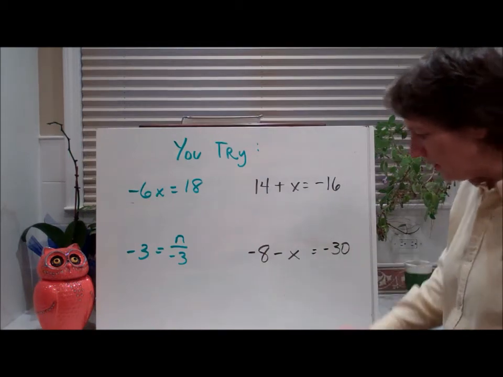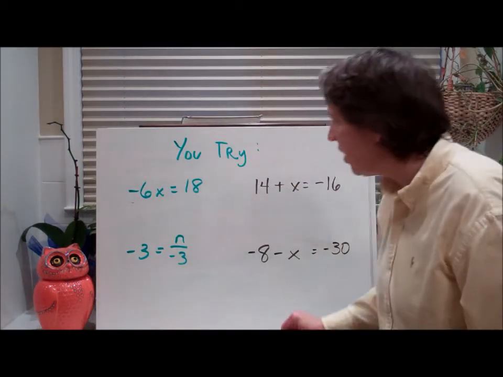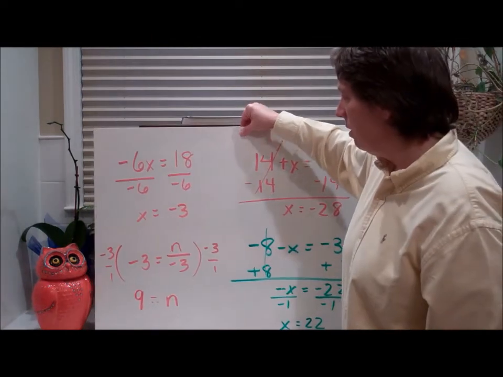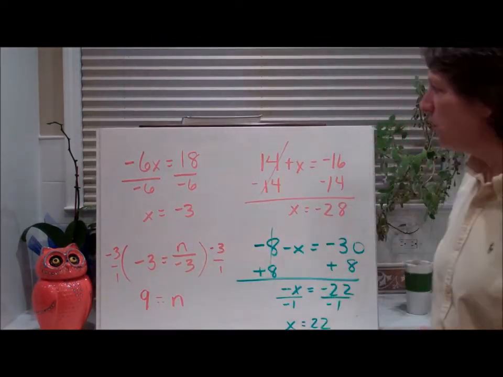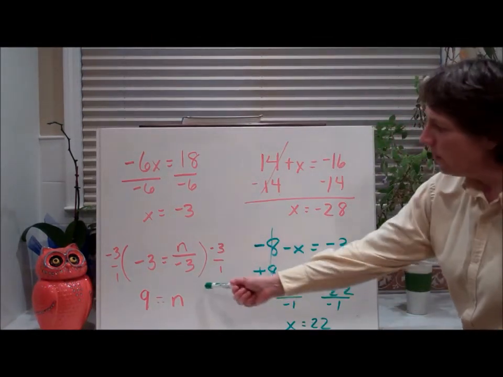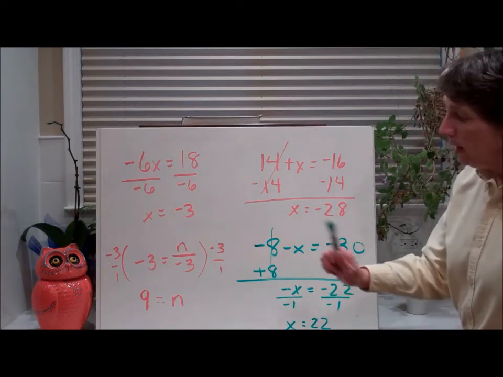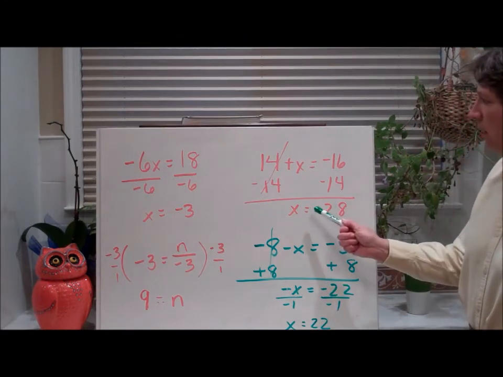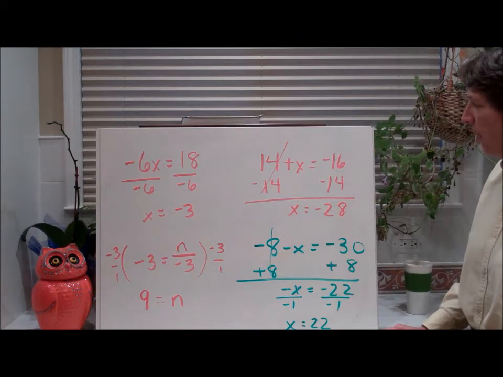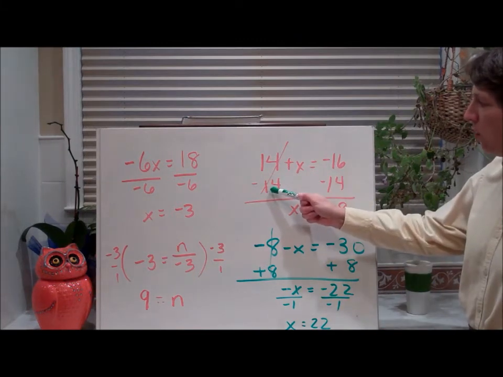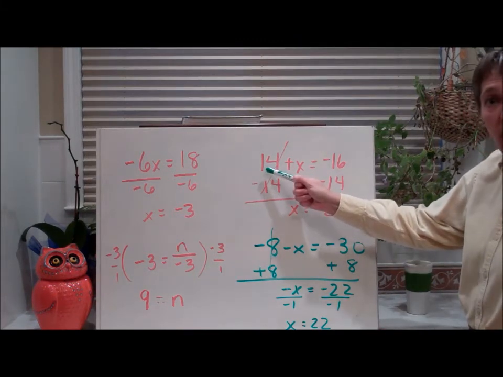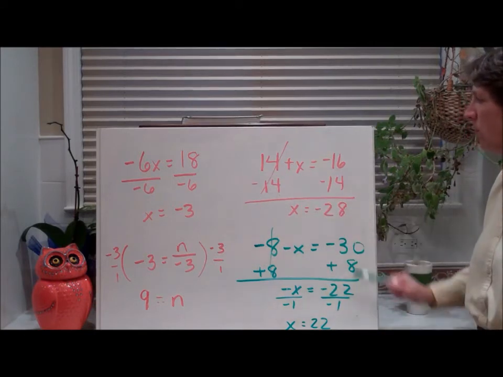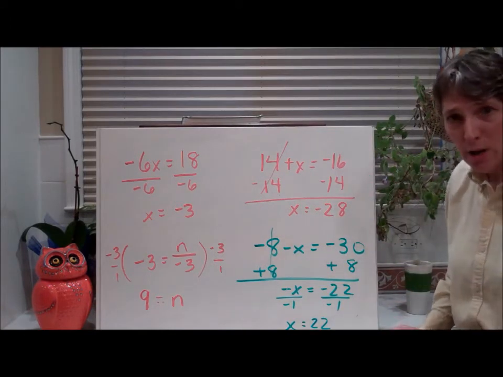Welcome back. Let's see how you did. Do a quick check. You should have for the first one x equals -3. For the second one, n equals 9. x equals -28. Remember, when we're subtracting 14, because the inverse of adding 14 is subtracting 14, we have -16 minus 14.